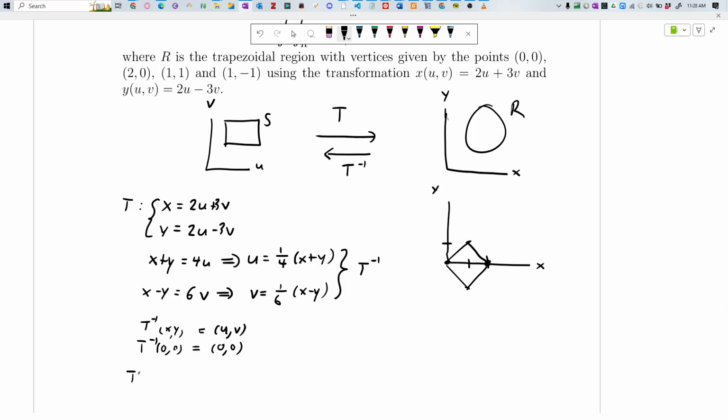We supply T inverse with the next point, 0, 2, and what does it give back? It's going to give you 1/2, comma, 1/3.